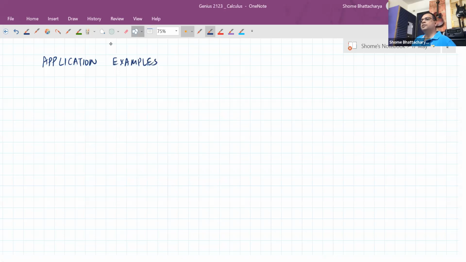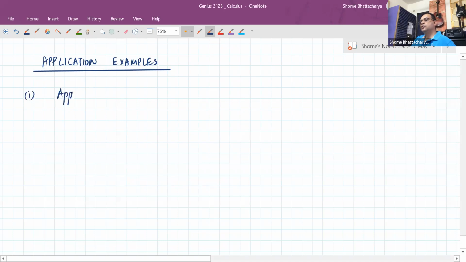So the first type of application example we look at is when we are directly applying the chain rule in a physics problem.